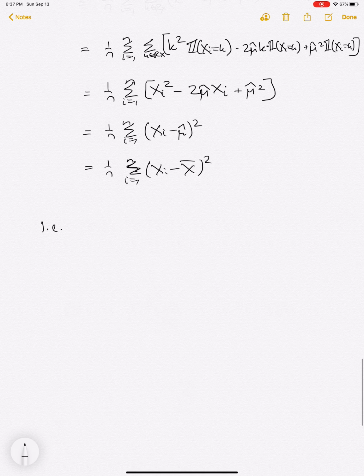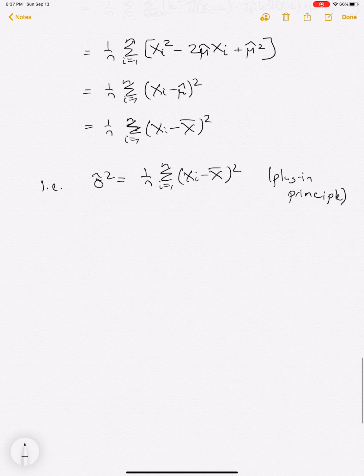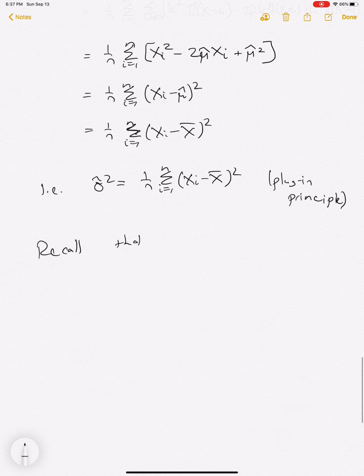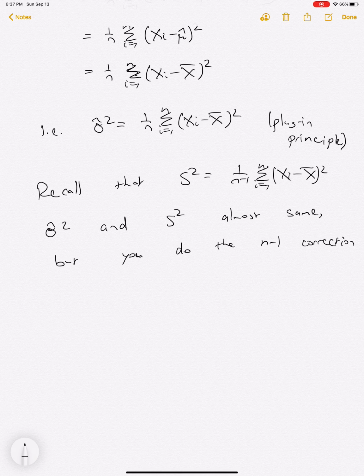So we get, by the plug-in principle again, and recall that, and so you can see that they're almost the same, but you do the n-1 correction for s squared.